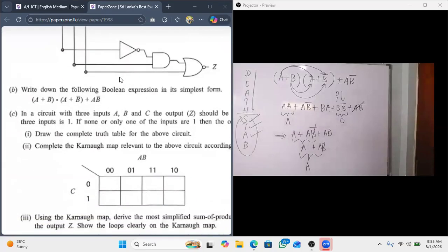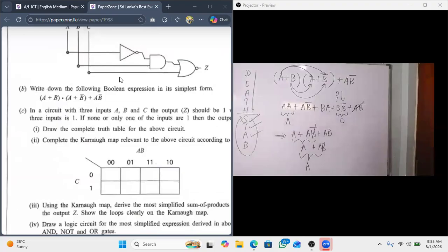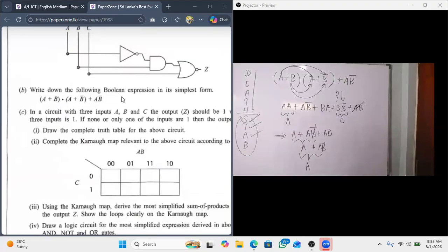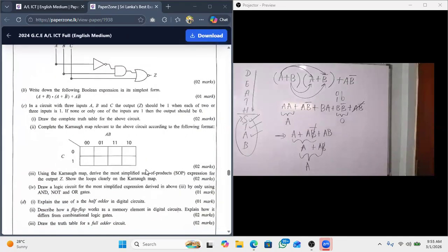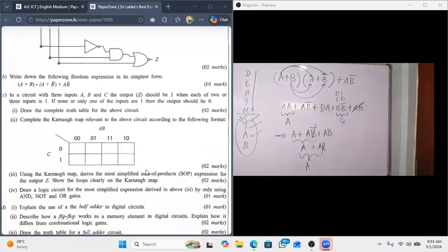Okay, part C. Let's see the next one. In a circuit with three inputs A, B, C, output Z should be 1 when any 2 or 3 inputs are 1. Here's my challenge.